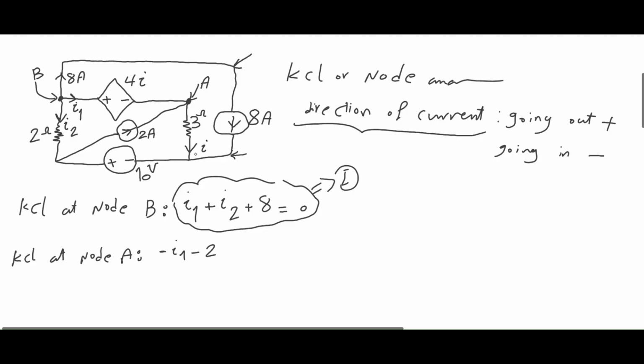This one going out of node A, so I call it positive I, equals 0. So I have I minus I1 equals 2. I also have I1 plus I2 plus 8 equals 0.